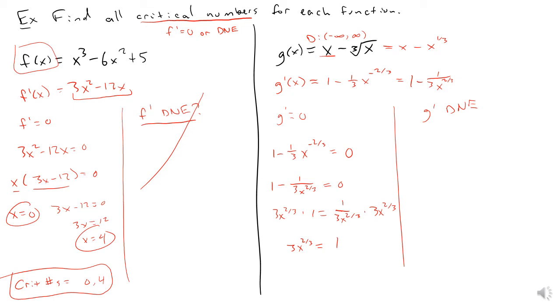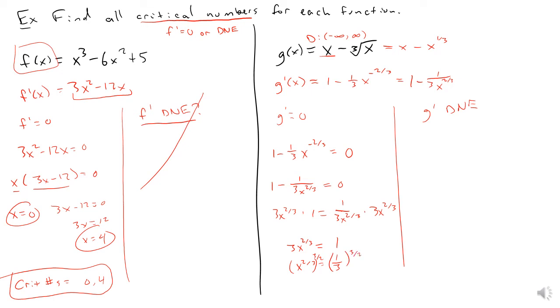Divide both sides by 3. x to the 2/3 equals 1/3. Now, I can wipe out this exponent 2/3 if I raise both sides to the 3/2 power. We do need to be a little bit careful here.